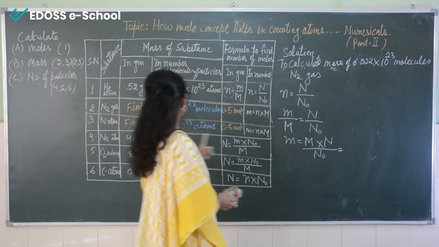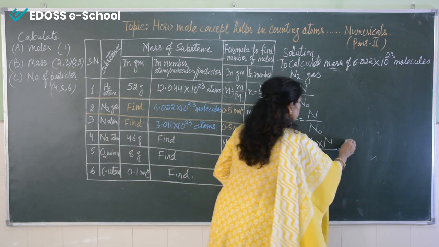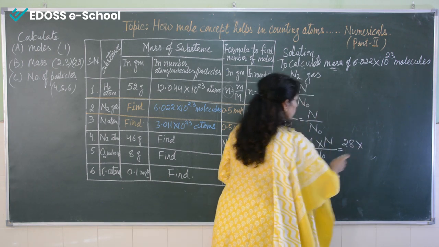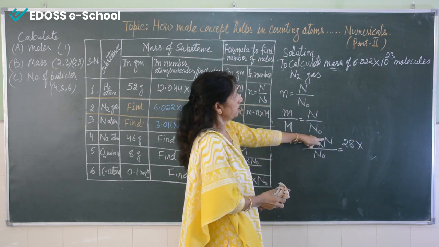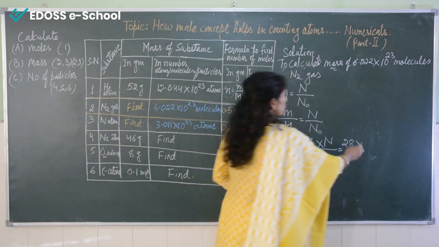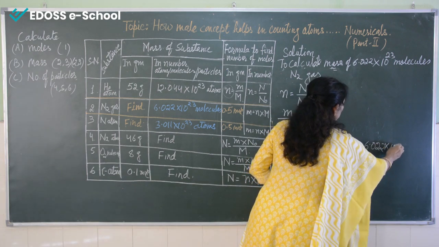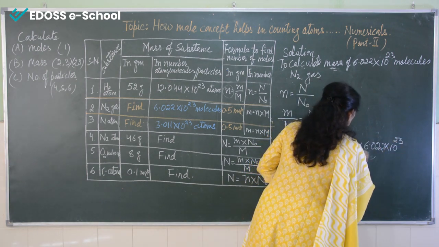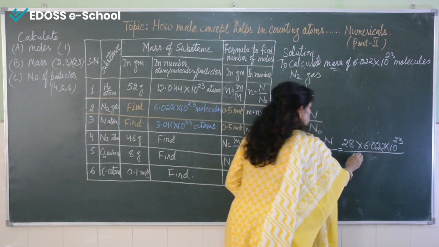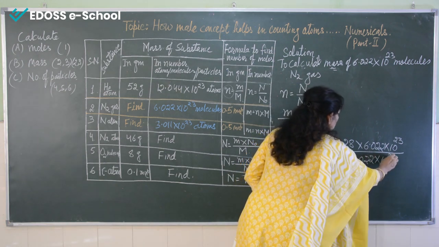So here we will put the value: molar mass, because it is nitrogen gas, will be 28. And capital N, number of particles, is given here, 6.022 into 10 raised to power 23, and N naught we know is 6.022 into 10 raised to power 23.